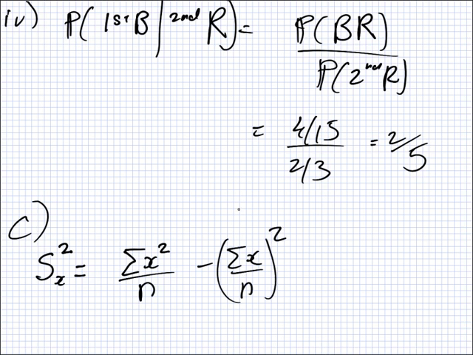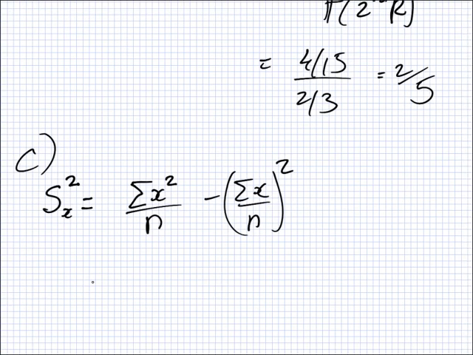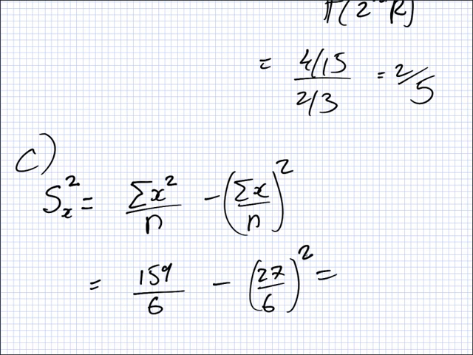This formula is in the formula book, by the way. What's the first number here? 159 over 6 minus 27 over 6 squared. Does anyone have that for me?